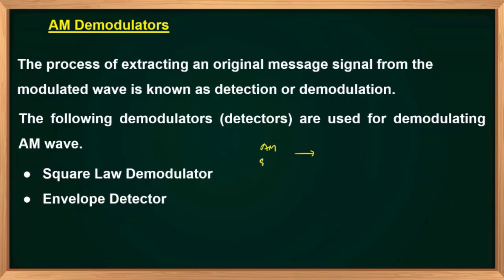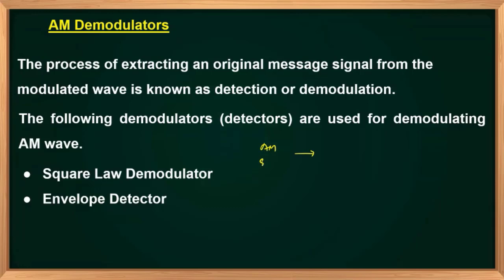Here we are discussing two types of AM demodulators. One is the square law demodulator. Second one is the envelope detector. First one is the square law demodulator. It uses a non-linear element like a diode, BJT or FET as the non-linear device, and a low pass filter is used.